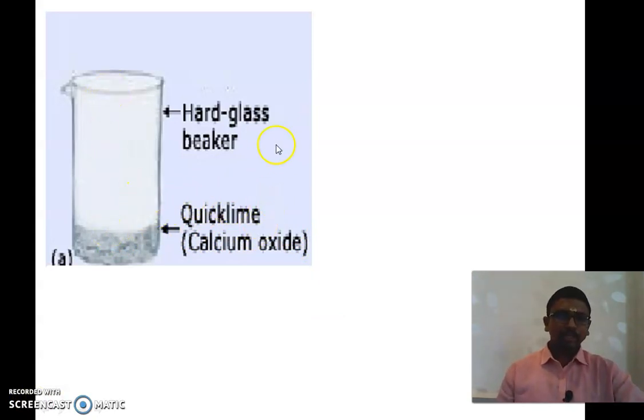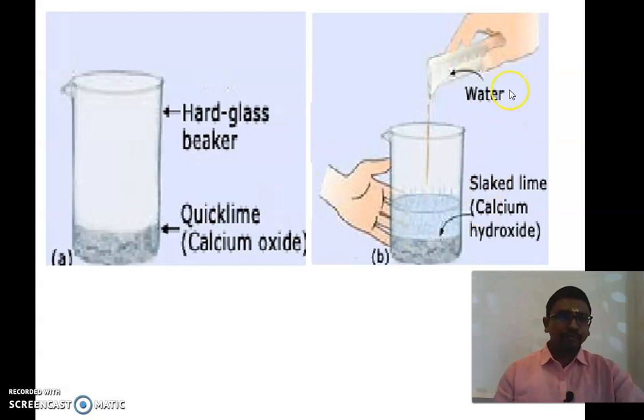So when we add water, the quicklime compound will be converted to calcium hydroxide. So what is the formula for calcium hydroxide, children? Ca(OH)2. Its commercial name is slaked lime.